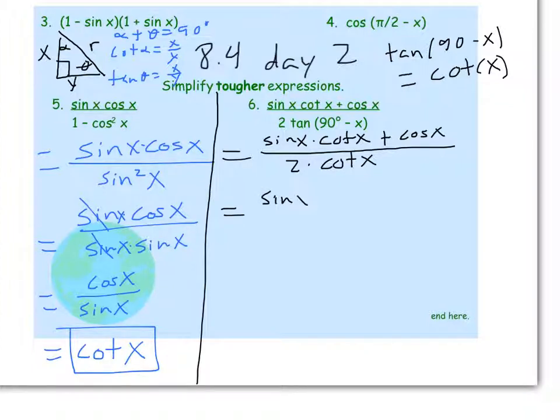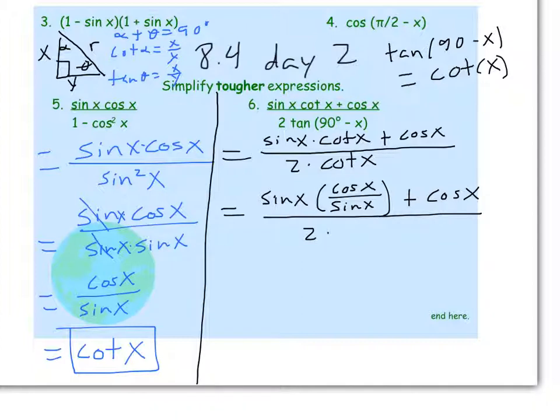Instead, what I would do on the top is I would take cotangent, write that out as cosine over sine plus cosine, and again, all of that is over 2 times the cotangent.